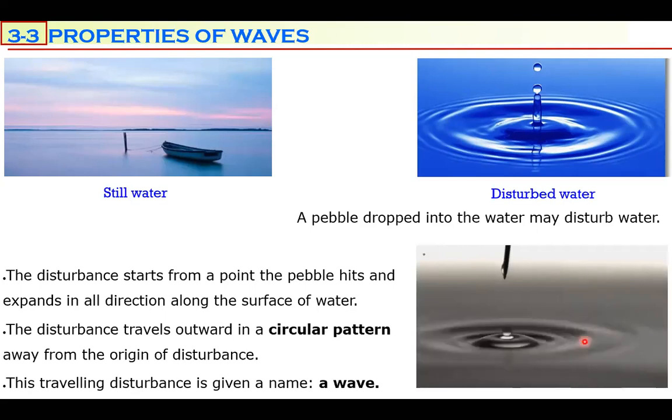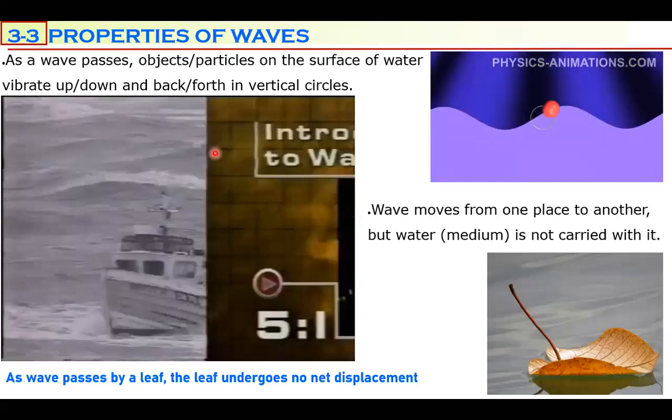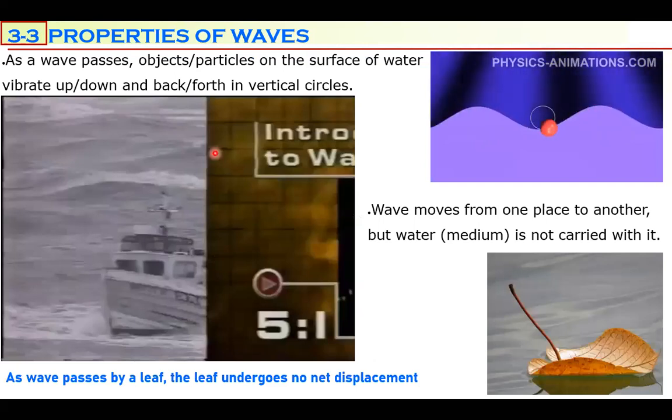And this traveling disturbance is given a name in physics, which is wave. So we say that a wave is a traveling disturbance. And as the disturbance is traveling, something very extraordinary, maybe not expected, is happening.